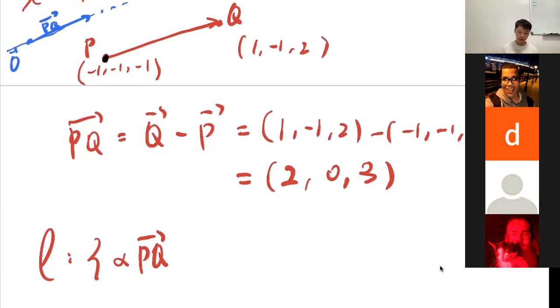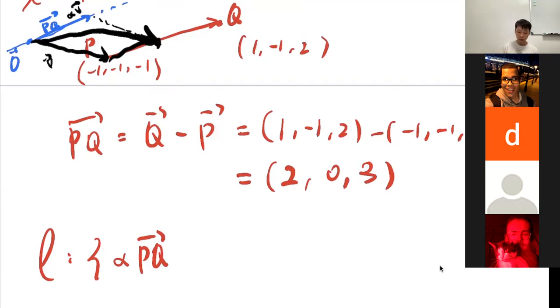However, we can always fix that. If this is your alpha PQ, and this is your vector P, when you add these two vectors, this is the parallelogram, you get to the diagonal point of this parallelogram, which actually lies on the line PQ.